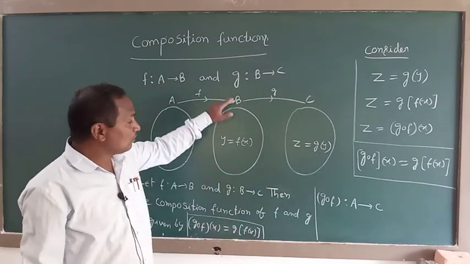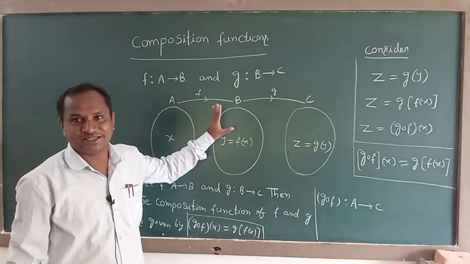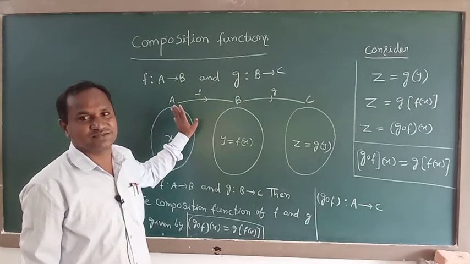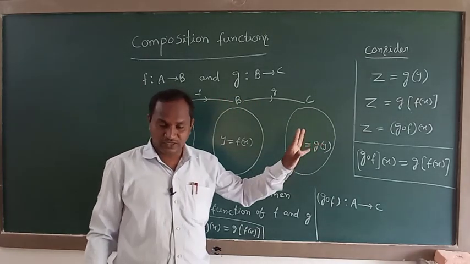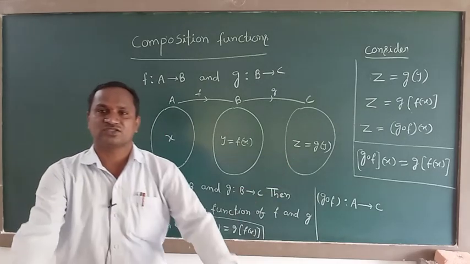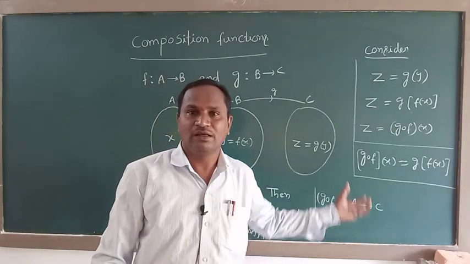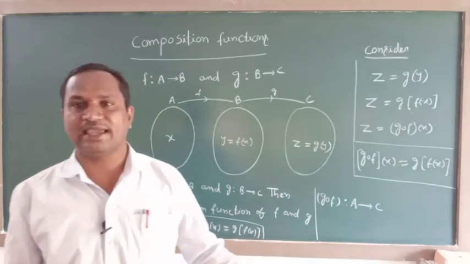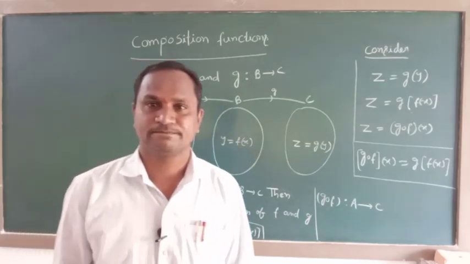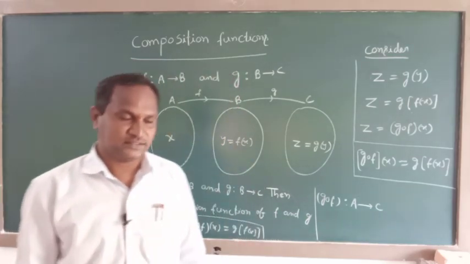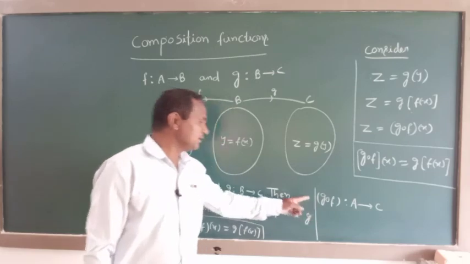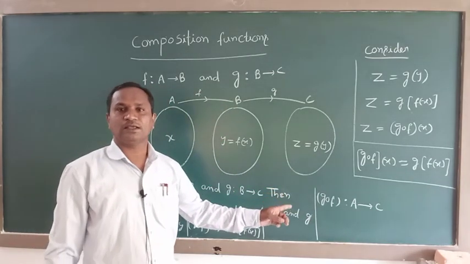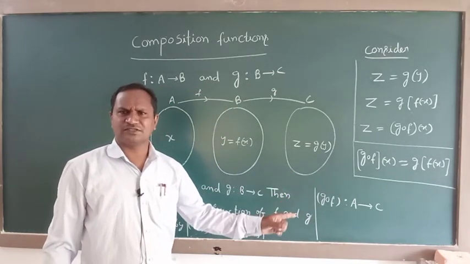All these elements are living, but we are including the elements of set A and set C when combining these two functions with the help of all three sets A, B and C. Here g circle f can be written as a mapping.